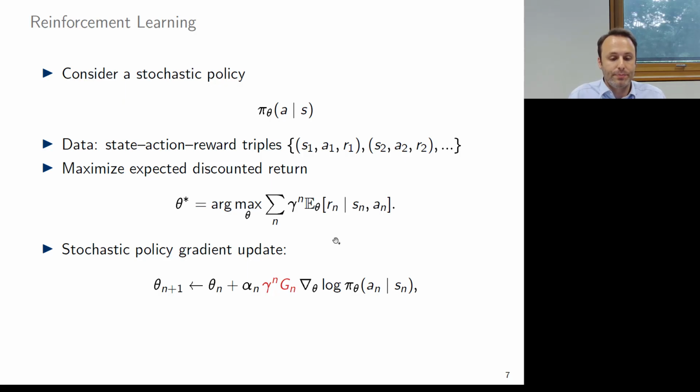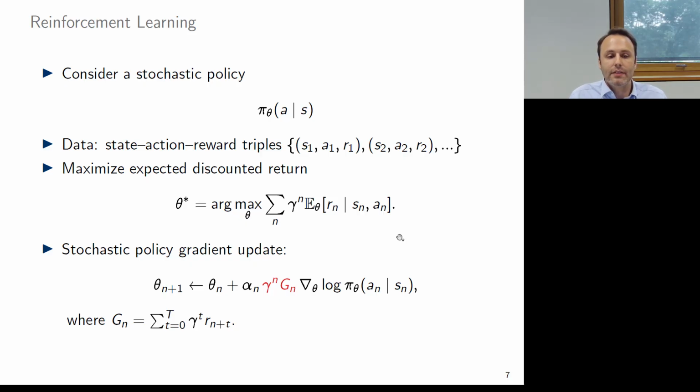This is in addition. Now, gamma is the discount factor as usual. And what is G_n? That's the Monte Carlo estimate of a trajectory of discounted future rewards. So it's just one episode of the future rewards that we sum up here and discount.